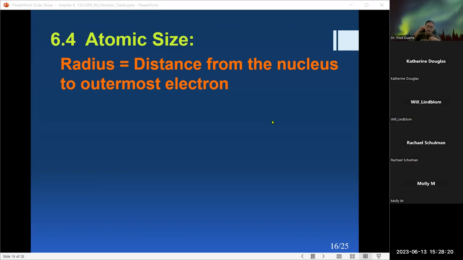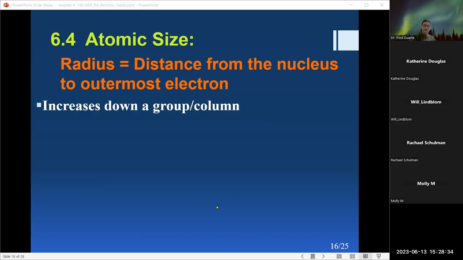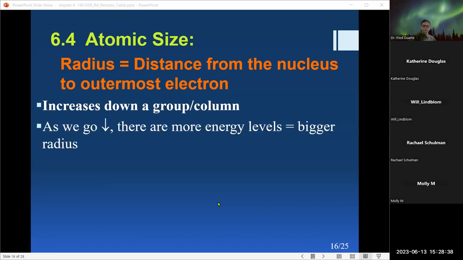The trend going from top to bottom is that the atomic radius gets bigger. The radius is defined as the distance from the nucleus to the outermost electron, or the valence electron. It increases as we go down the group. Obviously there are more energy levels, so it's a bigger radius.